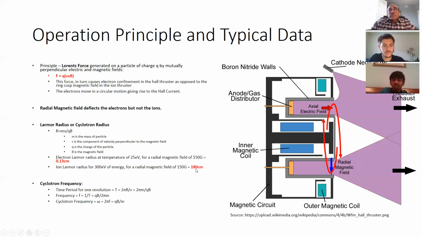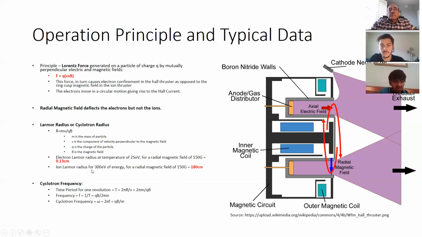In comparison to the diameter and the geometry of this Hall thruster, the ion will just go straight. 180 is a really high radius for it to actually rotate. So the ions generally go from left to right. They just go straight and come out through the Hall thruster, but the electrons tend to go around and give this Hall current.